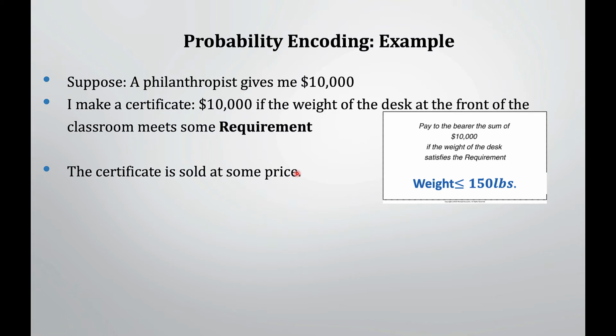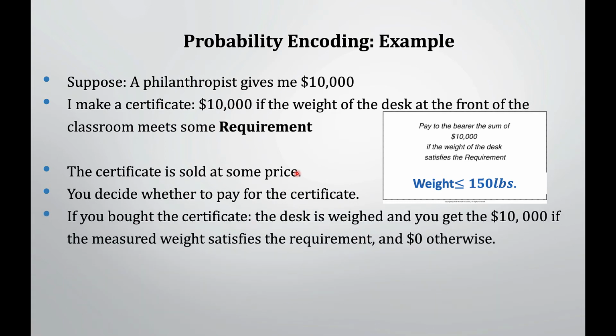Suppose I call a price of $1,000 and ask if you want to pay $1,000 for this certificate, and you decide whether you want to pay for the certificate or not. If you pay, the certificate is yours.